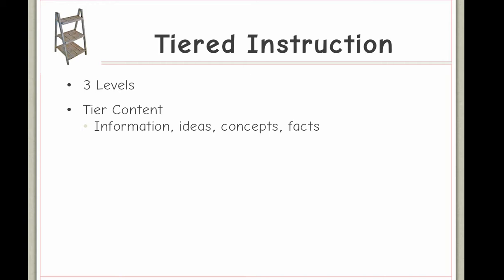So when we think about tiering the content or modifying the content, remember, the content is the what of the instruction, what we're doing: the information, the ideas, the concepts, the facts, the vocabulary words. So we may give a different set of vocabulary words to different students.